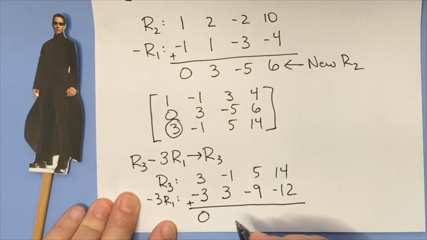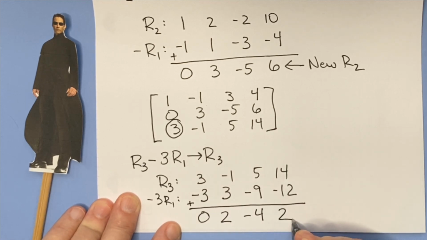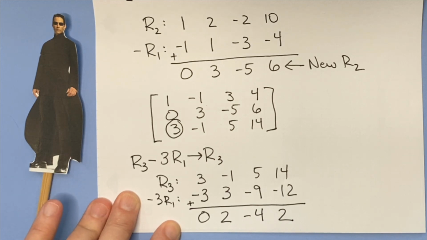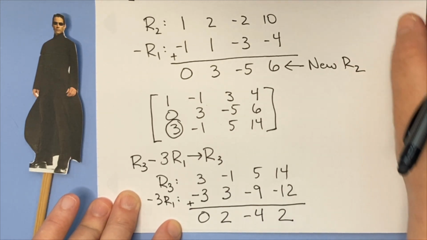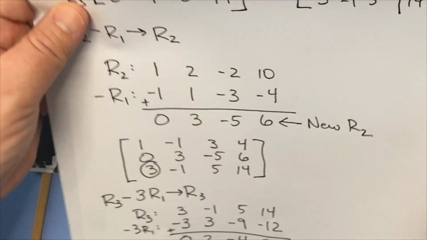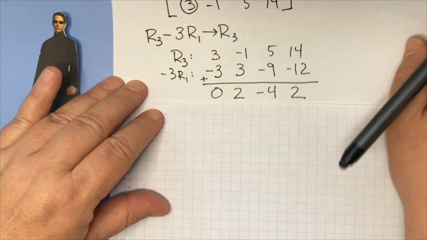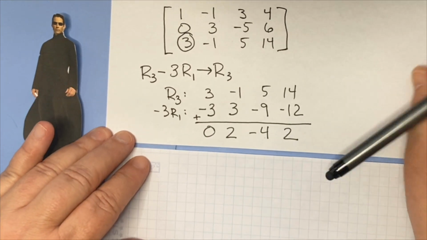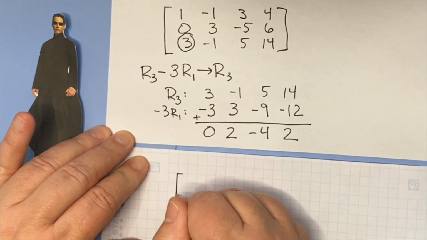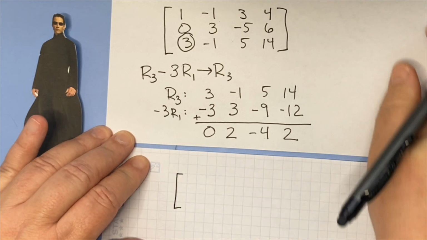Okay, I'm going to add, I get 0, 2, -4, 2. So far, so good? Okay. So I'm going to have to switch on to the next page. Let me kind of scooch it right there so you can see what I'm doing. My new matrix. And again, you don't have to rewrite the matrix every time.